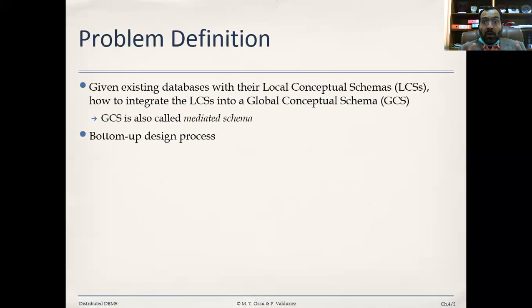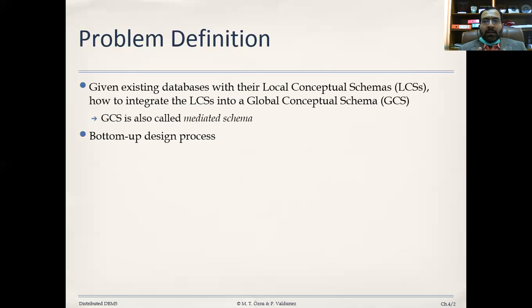That is why the global conceptual schema can also be defined as a mediated schema, because by using it, you mediate. Let's suppose a query is being generated by any user sitting at any site. It is first evaluated semantically with the definition of the global conceptual schema.